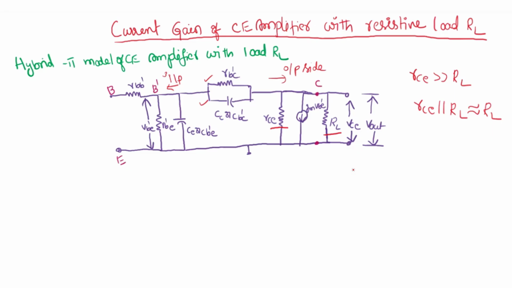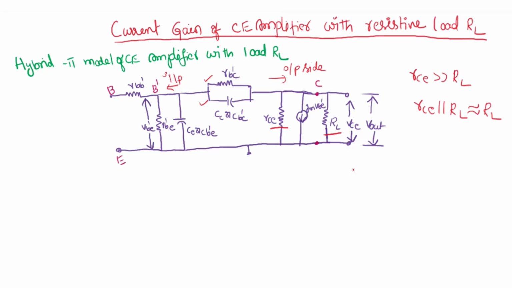That is why they are called feedback components, shared by both input and output. You know it very well. But we have to find the current gain, which is output current by input current, so there is a need to separate Rb'c and Cb'c into the input side and the output side.